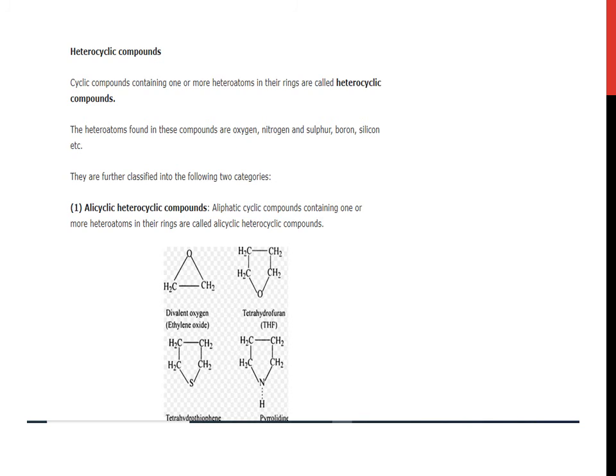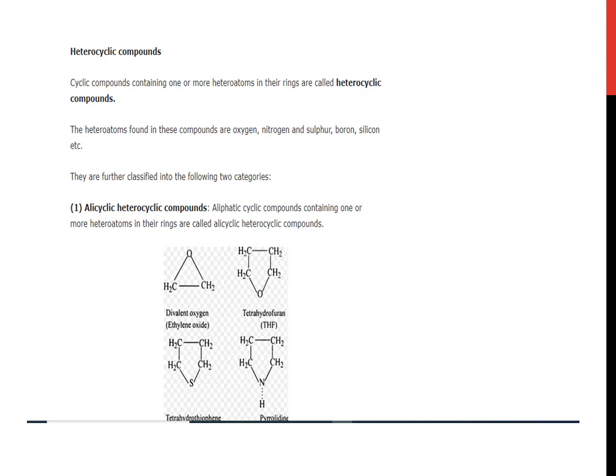Number 1, alicyclic heterocyclic compounds. Aliphatic heterocyclic compounds containing one or more heteroatoms in their rings are called alicyclic heterocyclic compounds. For example, ethylene oxide.